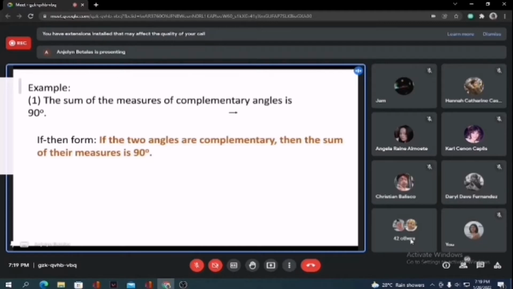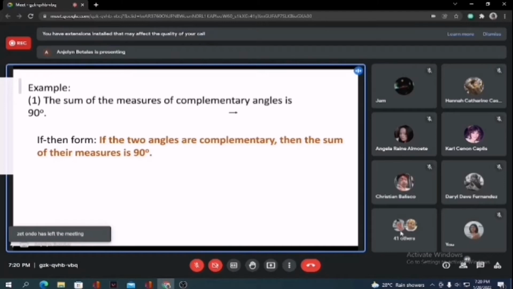So this is the if-then form. If the two angles are complementary, then the sum of their measures is 90 degrees. The hypothesis and conclusion are not clear in the statement itself, so you need to really understand it. The conclusion is 90 degrees, so what you establish is that the angles are complementary.